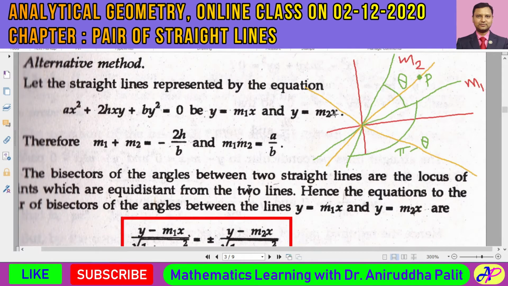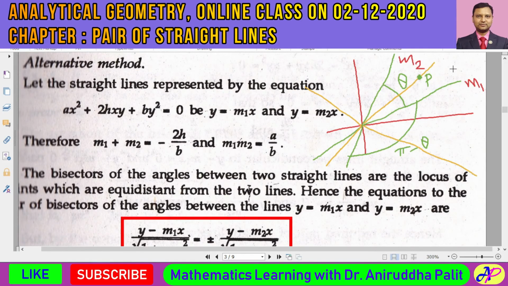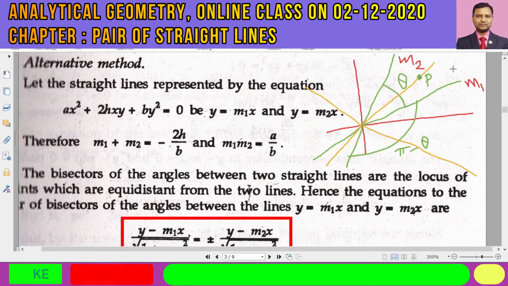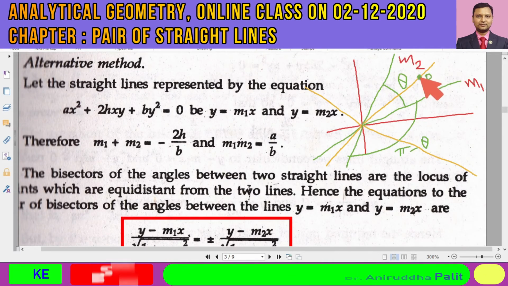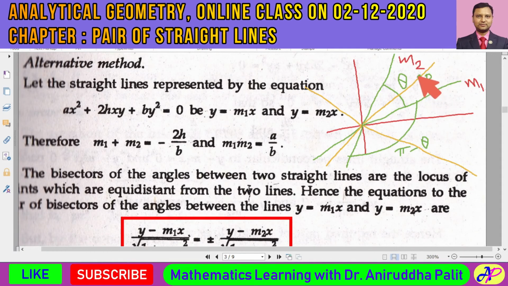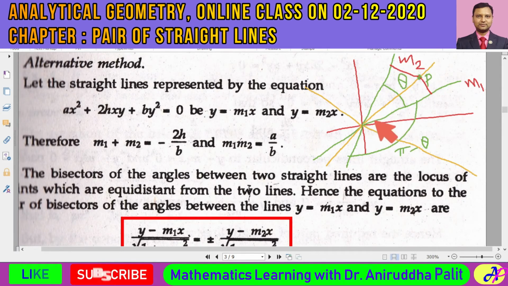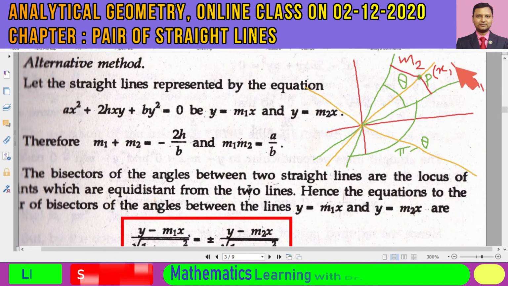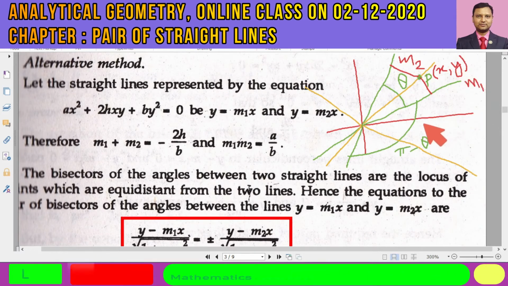From this point P, we are trying to draw two perpendicular lines. This is suppose one perpendicular line, and this is suppose another perpendicular line on the straight lines y is equal to m1x and y is equal to m2x. And let us suppose that P has the coordinates x, y.